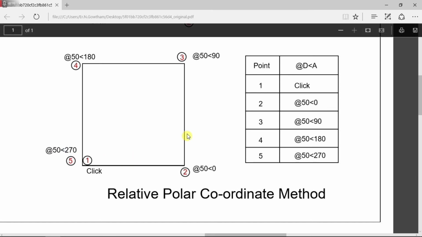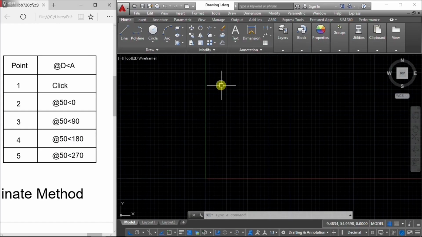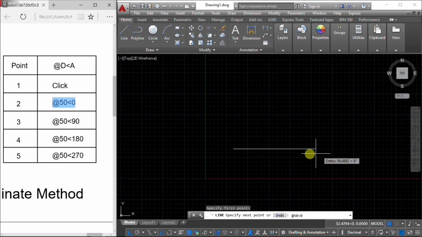Let's practice this with AutoCAD. I pick the line command and specify the first point. For the second point, the distance is 50 and type the less than symbol by using the shift plus less than key on the keyboard. Here the less than symbol indicates the angle. And then enter the degree of the direction in which the line is drawn. We are entering 0 degree.